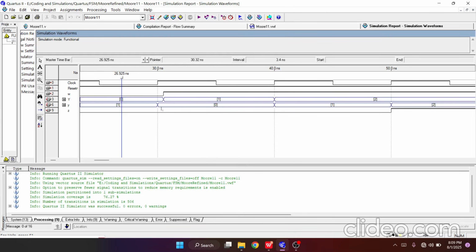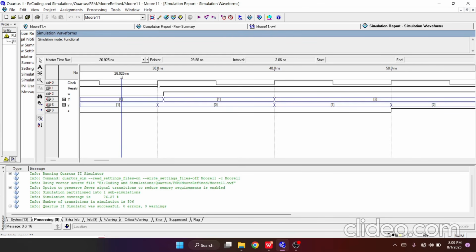small y after this. At this positive edge, the value of small y is 0 because the next state value was 0 up to this time. So this 0 value is being transferred through the flip-flop.